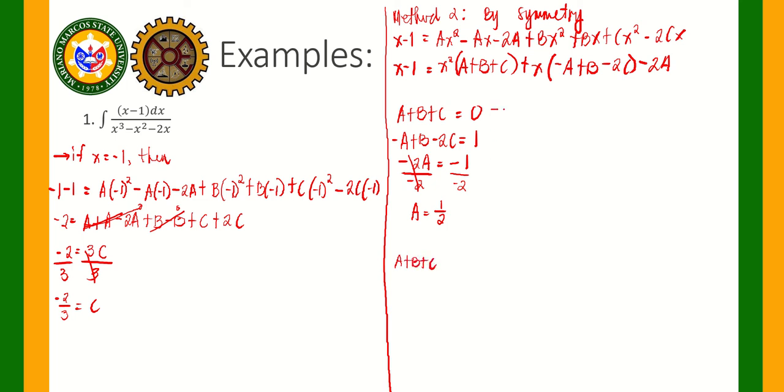Okay, so gawin na lang natin to na equation 1, and then equation 2, and this is equation 3. So, multiply equation 2 times negative 1. Okay, this is equal to 0. And then, if we multiply negative 1 dito, that will be equal to positive a, negative b, and then positive 2c equal to negative 1.